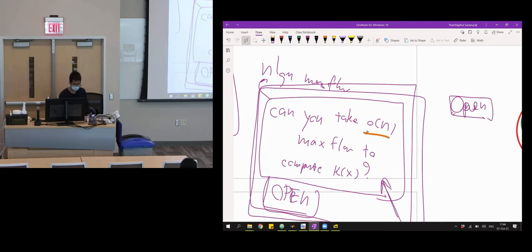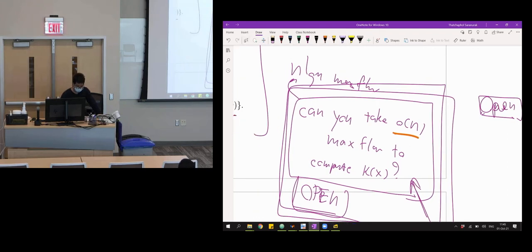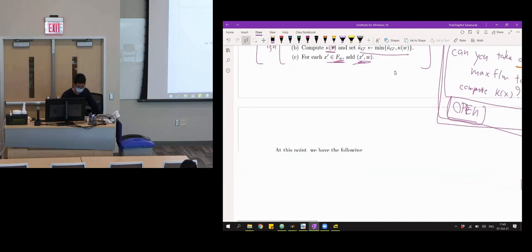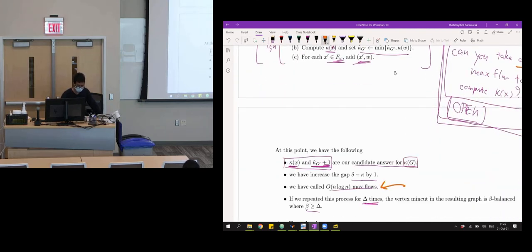Well, here just n is enough, right? Even n exists, you can just compute it one by one. By n log n here, I mean that it leads to n log n max flows in the whole algorithm.